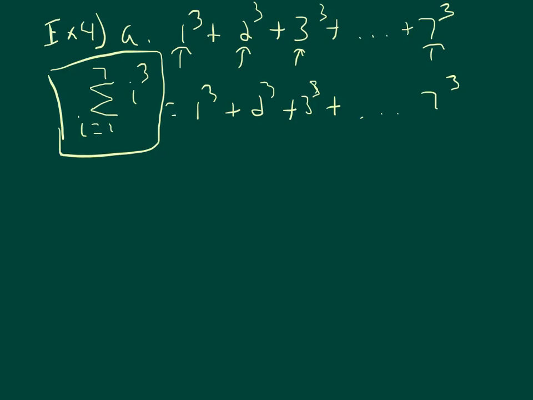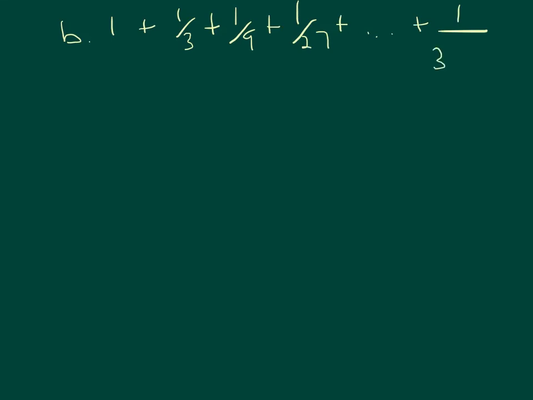Now let's look at part B. You have 1 plus a third plus a ninth plus 1/27th plus, and they got the dot dot dot, all the way to 1 over 3 to the n minus 1.